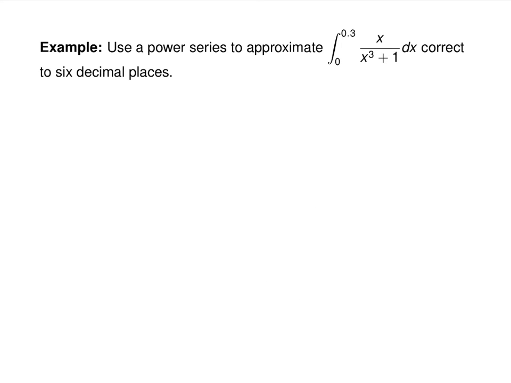Now let's actually use our results to approximate some integrals correctly to a certain number of decimal places. So in the previous slide, we actually anti-differentiated this function. This time we just care about the integral from 0 to 0.3.